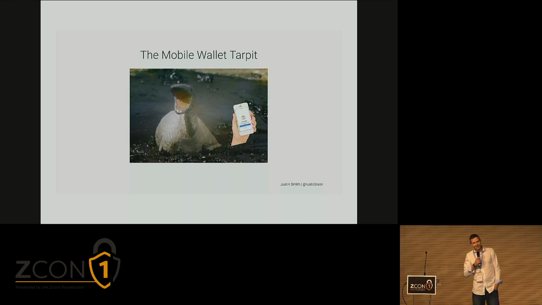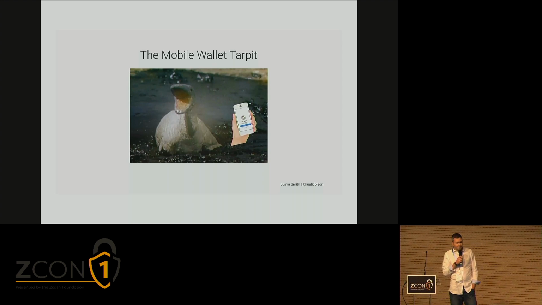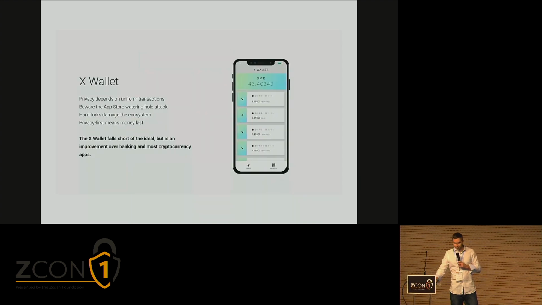So the point of this tortured metaphor is that timing is really important. You could have the right project or be in the right place, but if the timing isn't right, that's an issue. If you don't know who I am, my name is Justin, and I started the X Wallet project about 1.5 years ago.